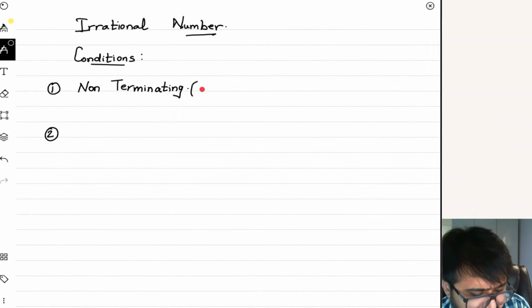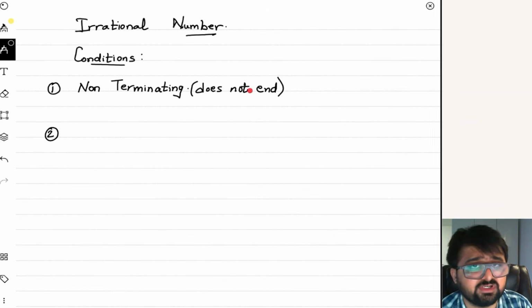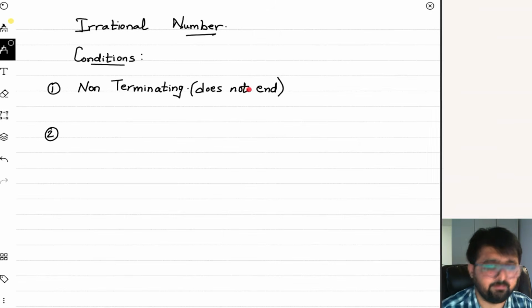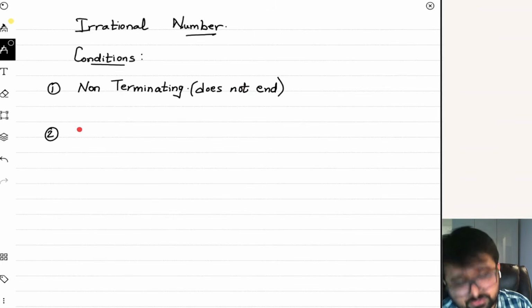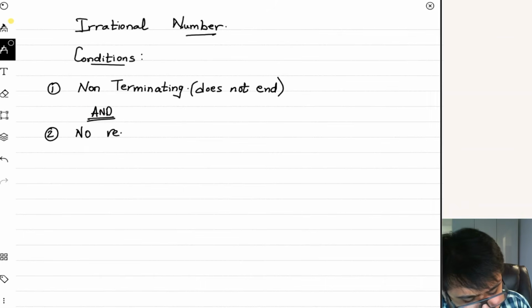By non-terminating, it means that the number does not end, or the decimal portion of the number goes on forever. Condition number 2, and there is an 'and' between those two conditions, is that there is no repetitive pattern.